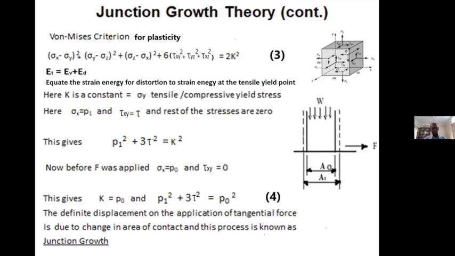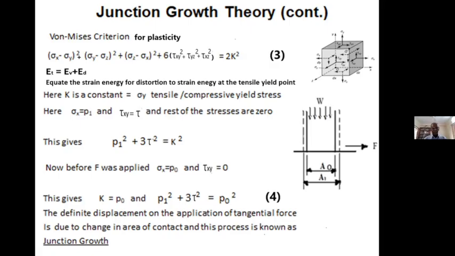And this is well known, and it is written as (sigma x minus sigma y) squared plus (sigma y minus sigma z) squared plus (sigma z minus sigma x) squared plus 6 times (tau xy squared plus tau yz squared plus tau xz squared) is equal to 2k squared.